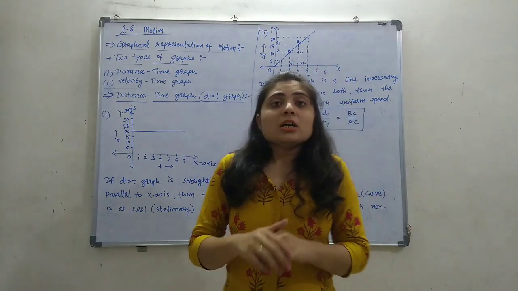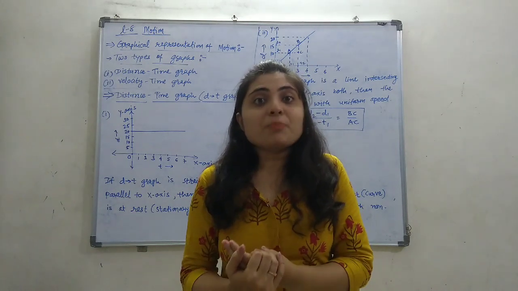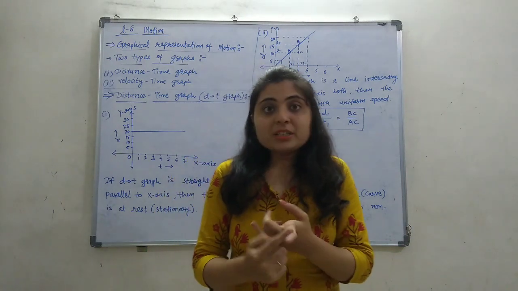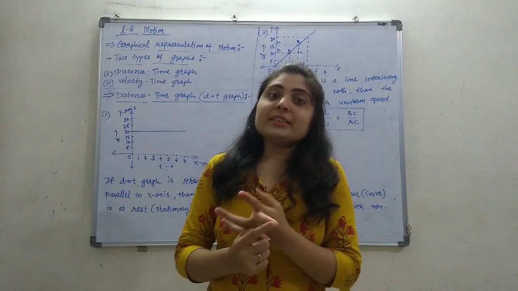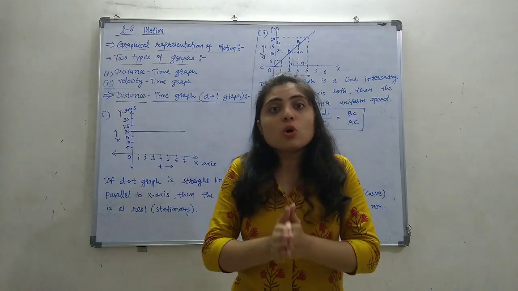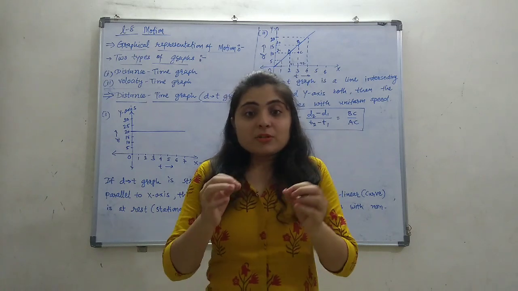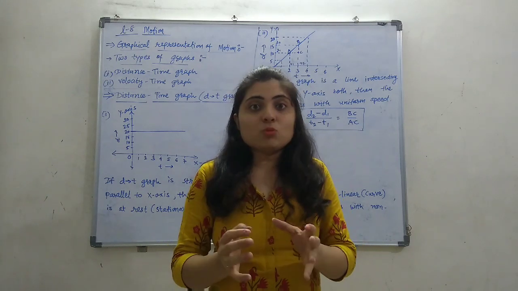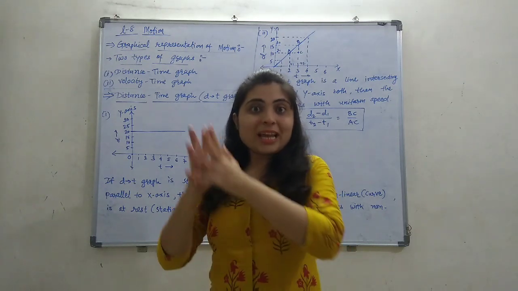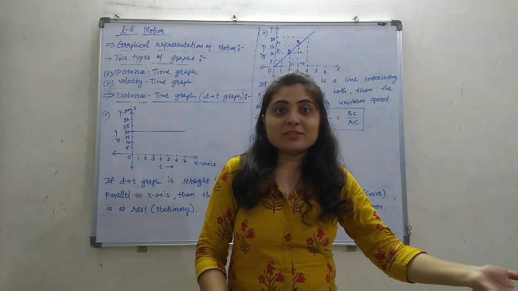Generally, on this graph we will represent distance, speed, velocity, and time. Time is very much necessary because motion is always with respect to time only. When we represent motion, we start with time, because at this time the object is here and after some time the object is at another point.